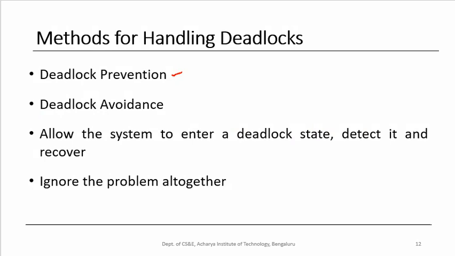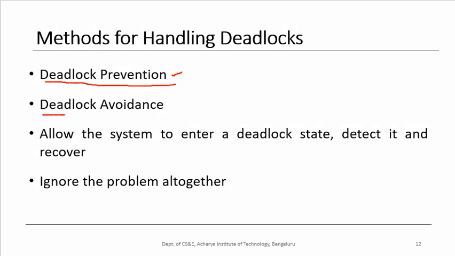Here we try to ensure that one of the necessary conditions that we had listed does not hold good, so that we can prevent the deadlock. I will discuss deadlock prevention elaborately with an example in the next slide.